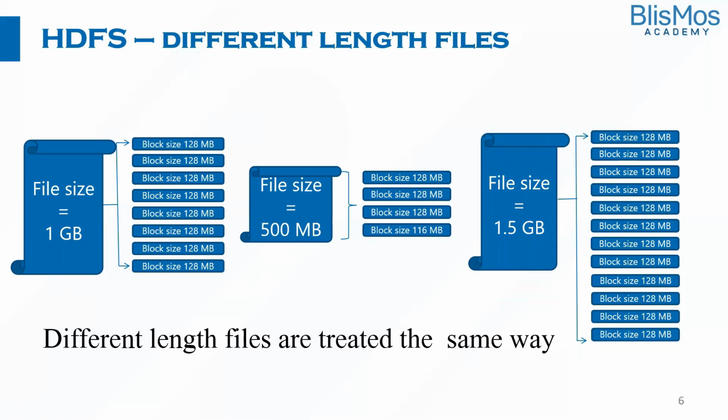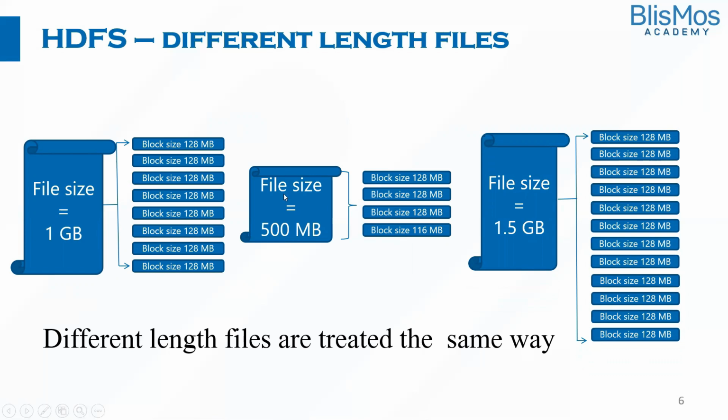A 1.5 GB file also would be broken down or split into blocks of 128 MB. In this case, we may get a couple more; for the extra 0.5 GB, we get 4 more blocks. When we say files of different lengths are treated the same way, this is what we are referring to.